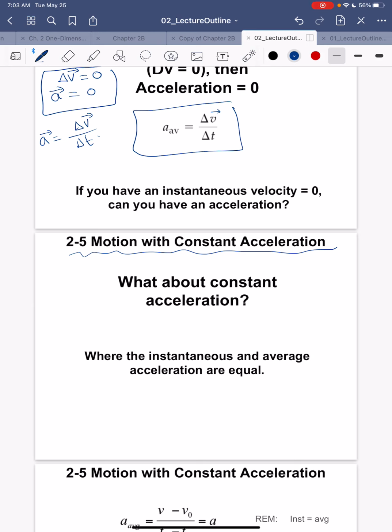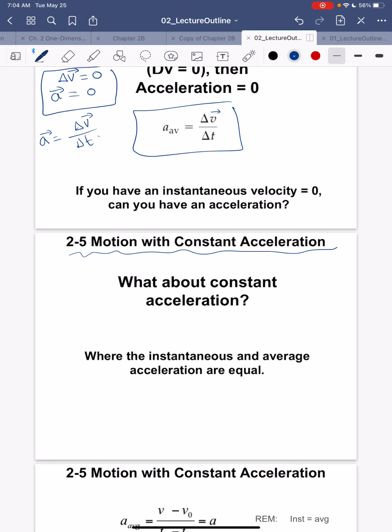Now, one thing that I want you to know: if we have a situation where the acceleration is not constant, you're going to dissect your question into intervals where you can assume the first one is constant acceleration 1, constant acceleration 2, constant acceleration 3, whatever. Sometimes these situations are going to be very complicated, but this is my advice.